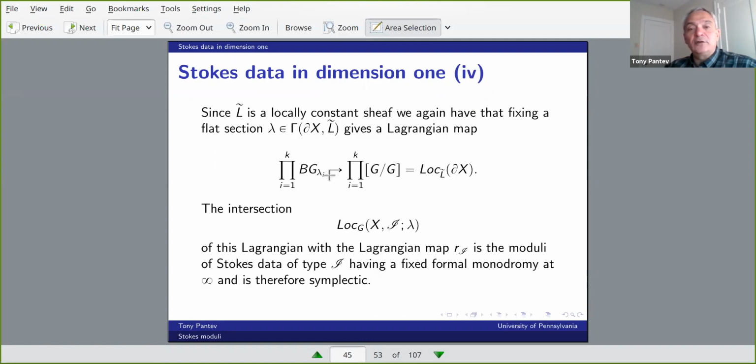That's this guy that I wrote here. And so if you take the Lagrangian intersection, that's the subspace of the moduli space of Stokes filtered local systems with fixed conjugacy classes of formal monodromies. And that is the symplectic leaf. So if you fix the conjugacy classes of the formal monodromies, if you vary them, that gives you all the symplectic leaves.